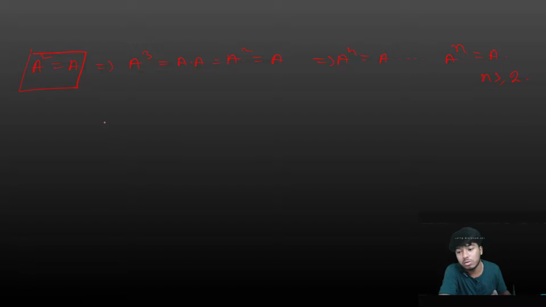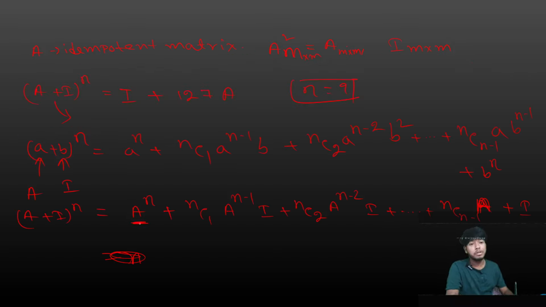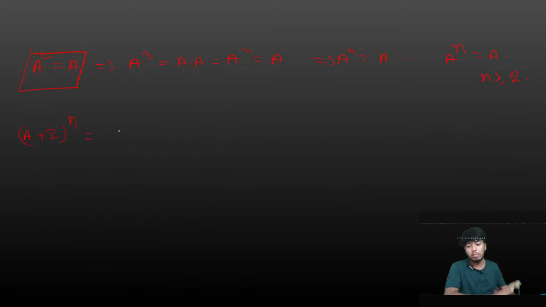First replace this, (A + I)^n, replace this. A^n is replaced by A, A^(n-1) is also replaced by A. Replace all the powers. A + nC1 A, nC2 A, and so on up to nC(n-1) A, plus identity.